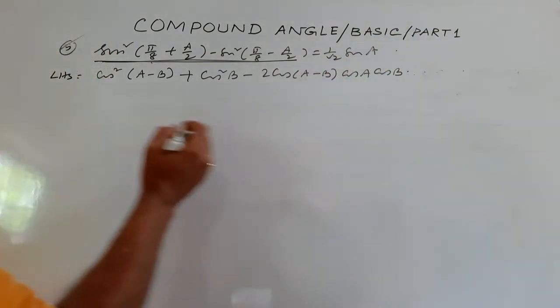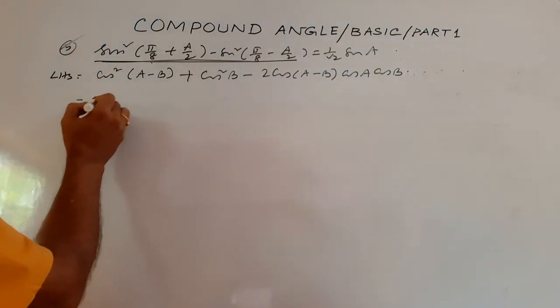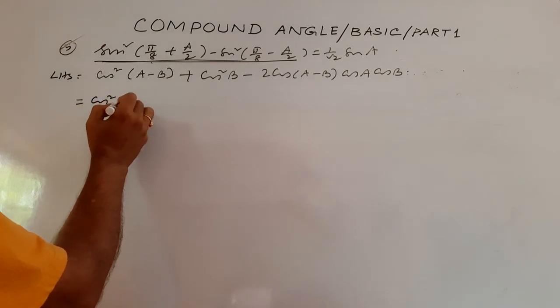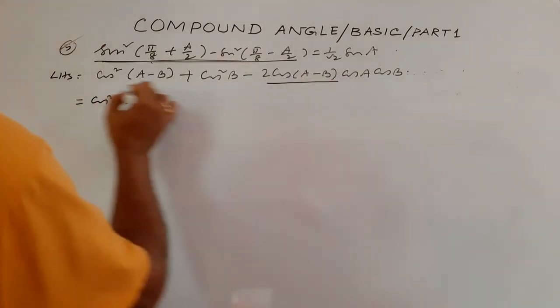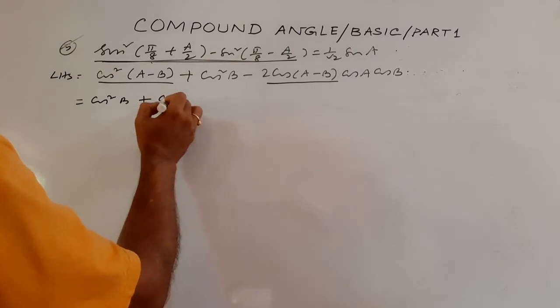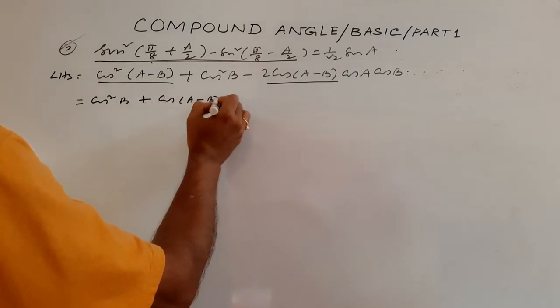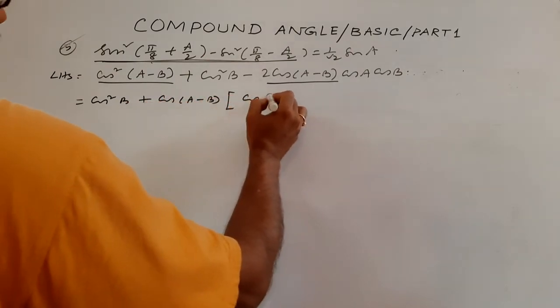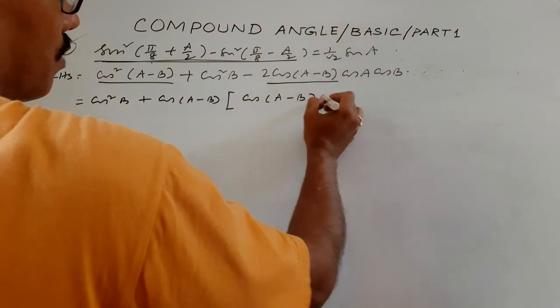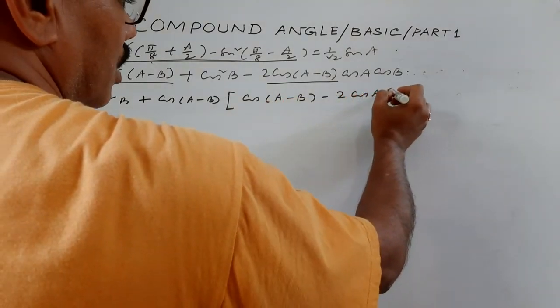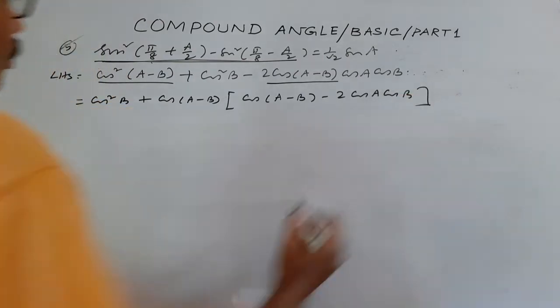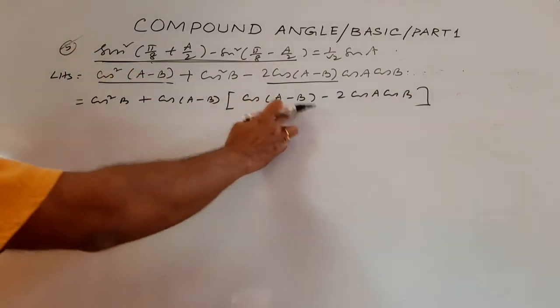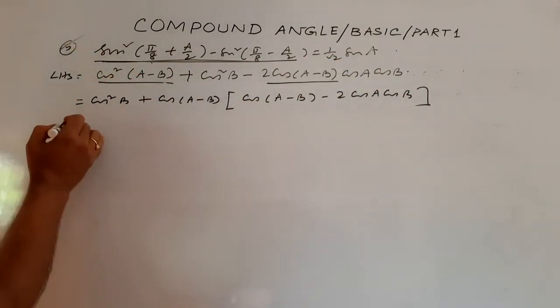You have to prove sin square A. So cos square B unchanged and cos(A minus B) is common. So what you are getting here, cos(A minus B) minus 2 cos A cos B.